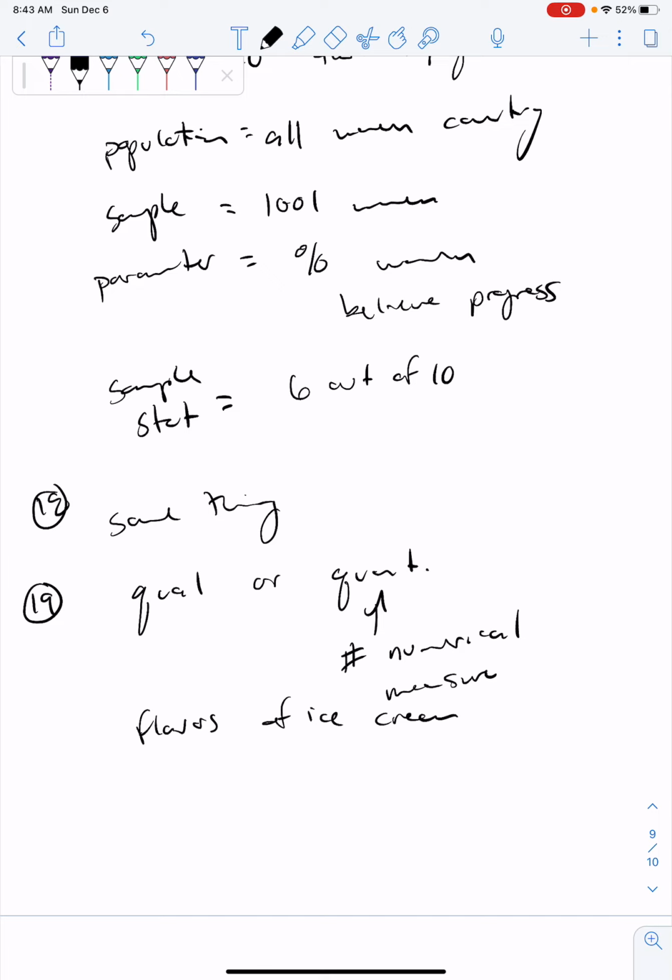It's not saying the number of flavors. It's just saying the flavors themselves. Well, flavors are not numerical, so I would say that it's qualitative because flavors are not numerical. And that's it for number 19.